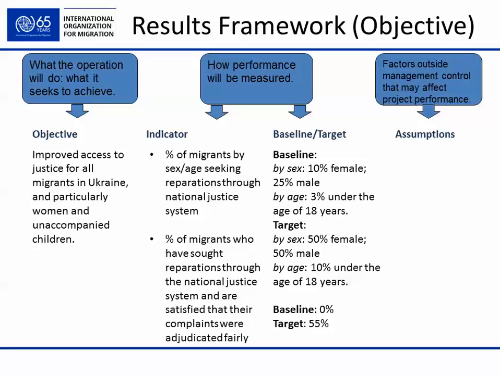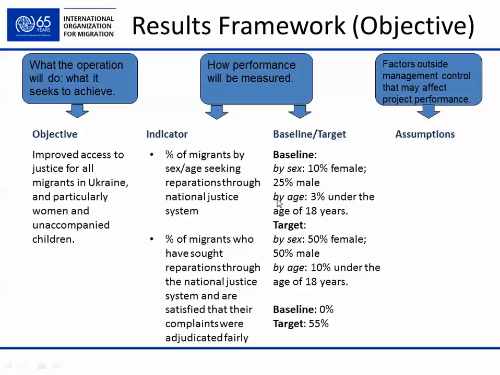So let's see an example. Project objective: improved access to justice for all migrants in Ukraine, and particularly women and accompanied children. Indicator: percentage of migrants by sex and age seeking reparations through national justice systems. By sex, we have 10% female and 25% male.